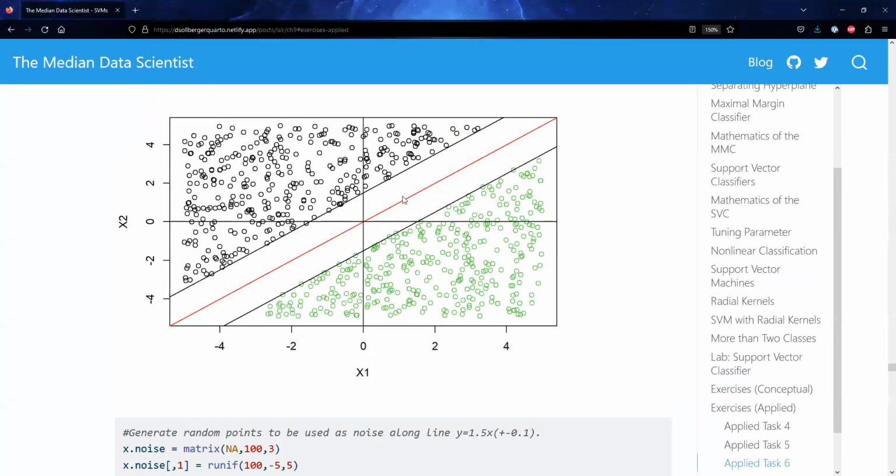I think the idea for some of the next few parts is, what if we added some noise to this? So some of the black dots might move, some of the green dots might move, but we're still using the red line as our separating hyperplane.